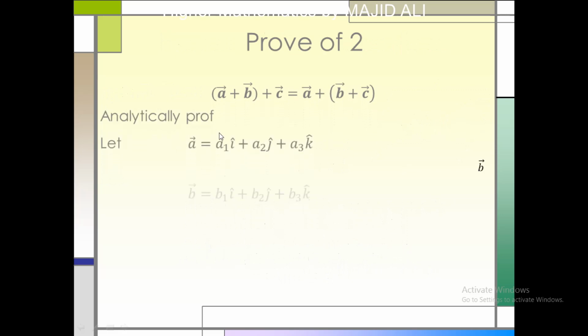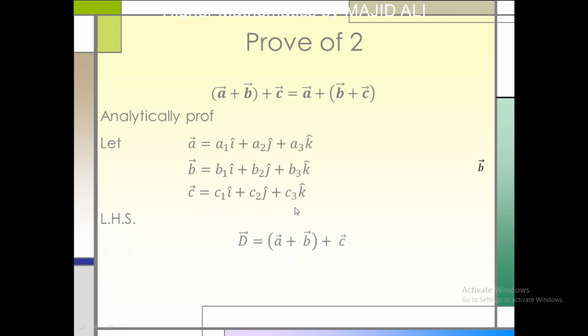For three vectors, consider three vectors a, b and c. Vector a is equal to a1i plus a2j plus a3k. Vector b is equal to b1i unit vector plus b2j unit vector plus b3k unit vector, and vector c is equal to c1i unit vector plus c2j unit vector plus c3k unit vector. By considering the left hand side, we give a name, a plus b plus c, which is equal to another resultant vector d, substituting the values of a.